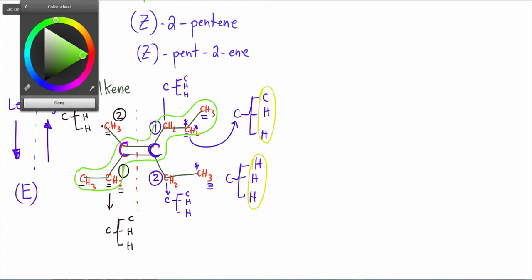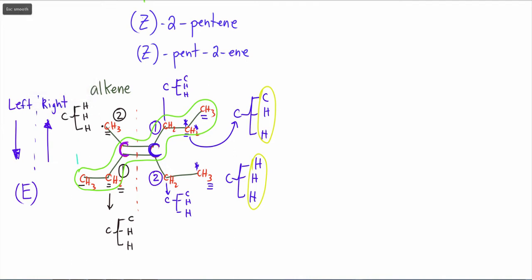So our numbering for naming is going to be 1, 2, 3, 4, 5, 6, 7. Okay?